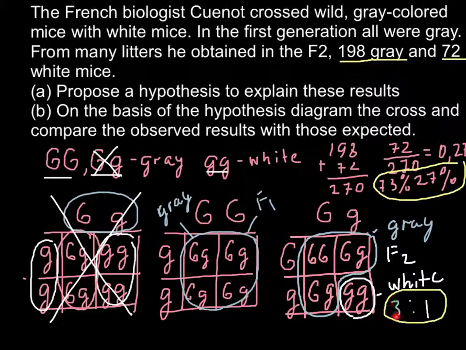So this is a 3 to 1 ratio, and we made our calculations from the F2 generation using the numbers given in our problem, and we see that the ratio is almost the same as we have here. So we solved the problem correctly, and this is all for today.